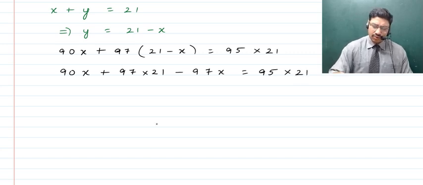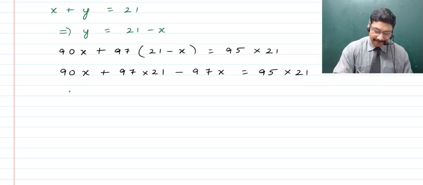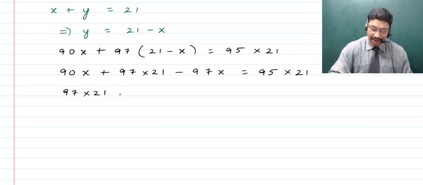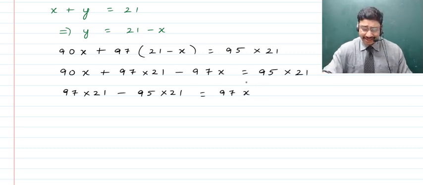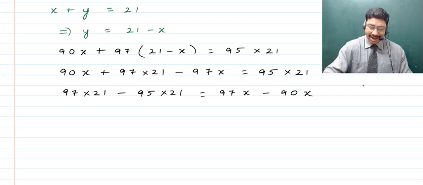Now children, here we bring 95 and 21 to the left hand side and the terms with x on the other side. So here we have 97 multiplied with 21, from that is subtracted 95 into 21. And on the right hand side, we will now have here 97x, which was negative, goes to the other side, makes itself positive, from which 90x is subtracted.